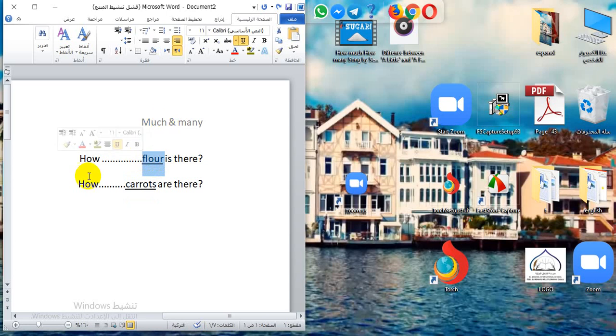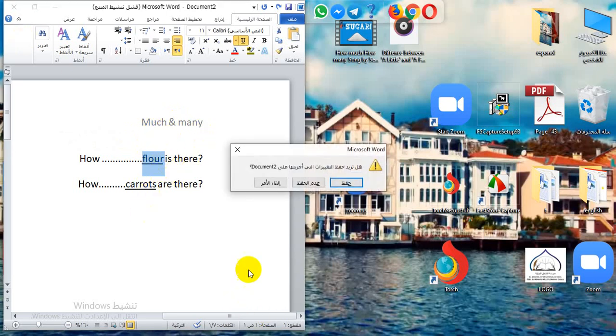So we use much. How much flour is there? Number 2, how carrots. Carrot is countable. So we use many. The rule will be many with countable, much with uncountable.